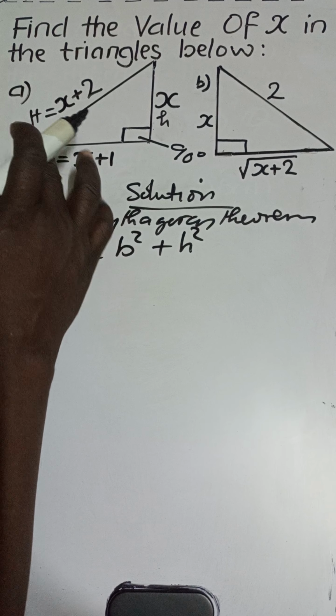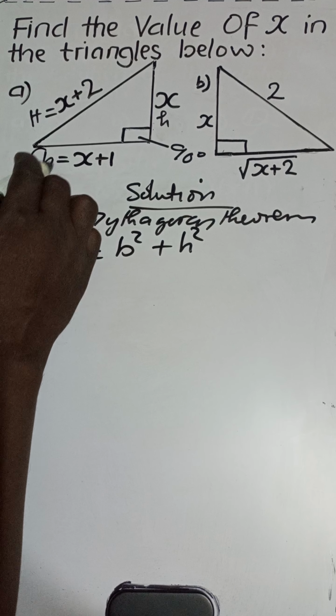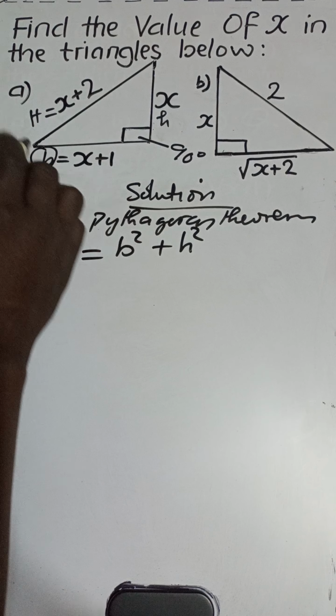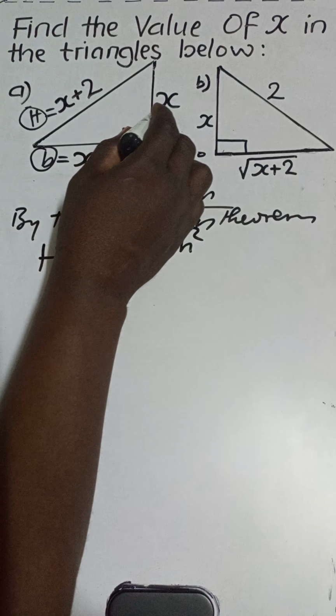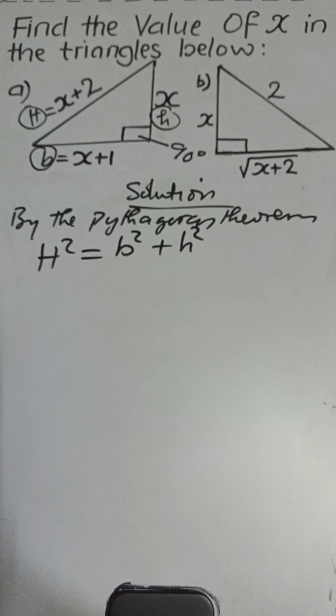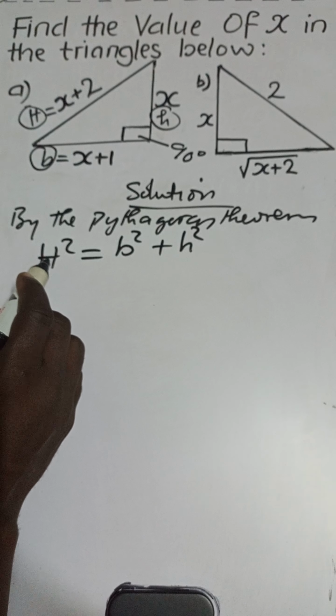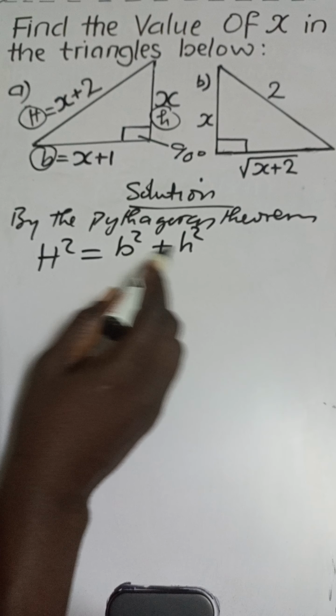So if we call this one here the base, then that's the base, this is the hypotenuse, and that's the height. So by the Pythagoras theorem, the hypotenuse squared is equal to the base squared plus the height squared.